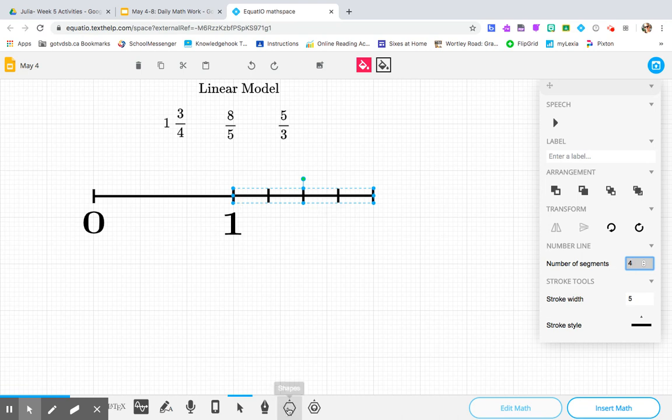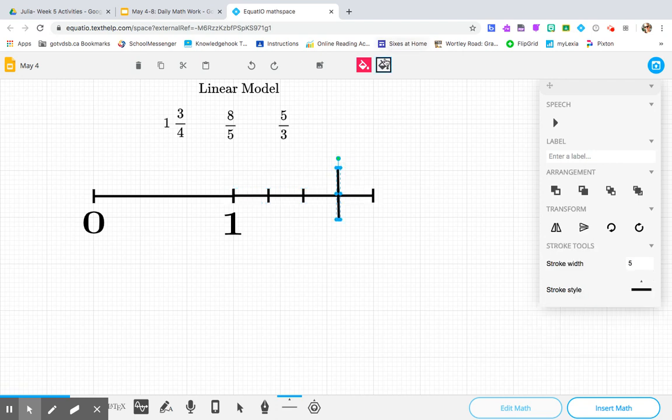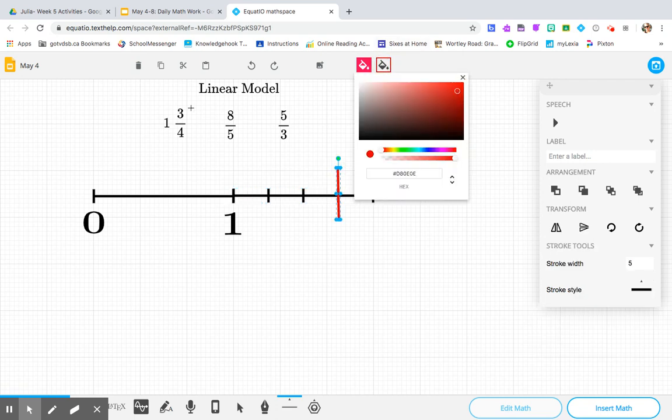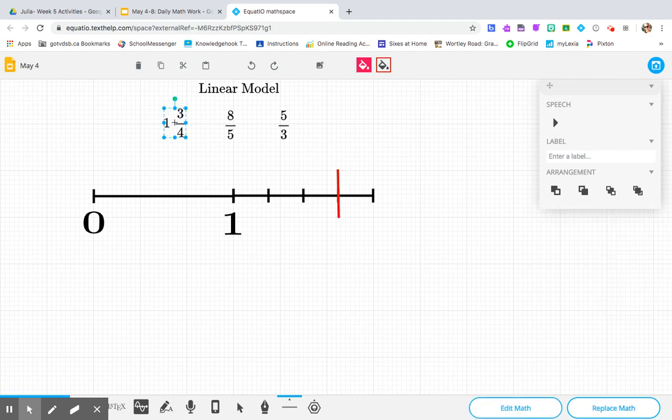So our first line that we're going to add on needs to be here. I'm just going to make it nice and big. I'm going to click on it and I'm going to change it a color. I'm going to bring this fraction over here to label it my 1 3/4.